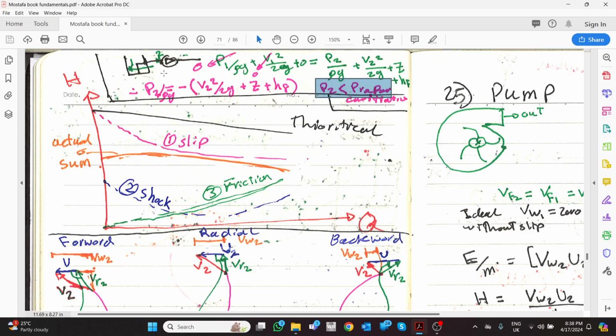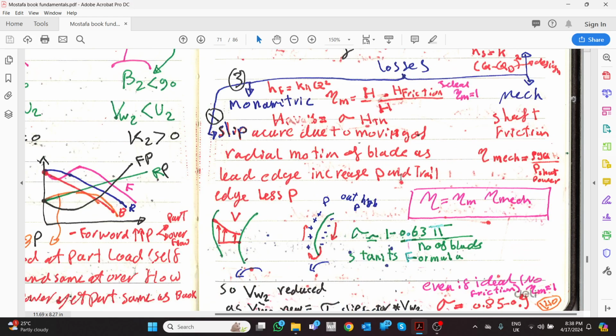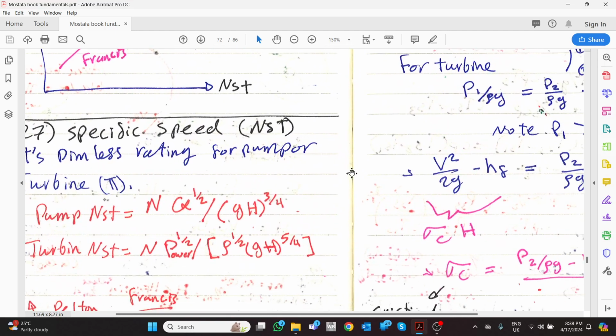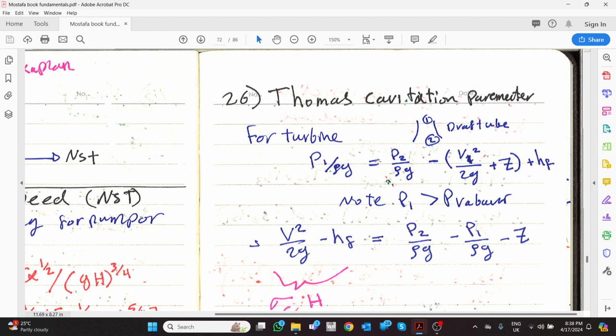Okay, so the cavitation condition to happen before the pump, this is the equation. Yet even if this one is over the vapor pressure, still in the pump a cavitation can happen. We're going to discuss it later. Okay, let's discuss now some points.